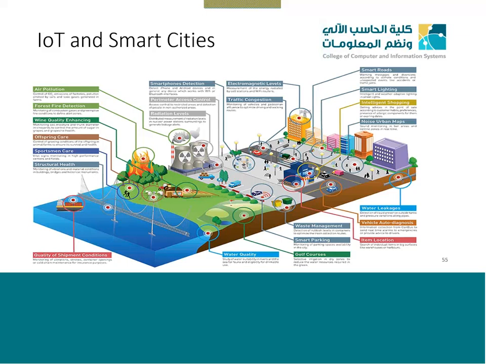Intelligent shopping, to shop without needing to pay at the checkout, and automatically detecting emergencies, accidents, fires, and all these things. So these are some of the applications from which we can collect the data.